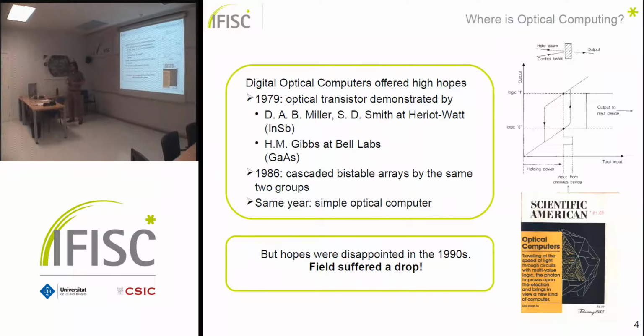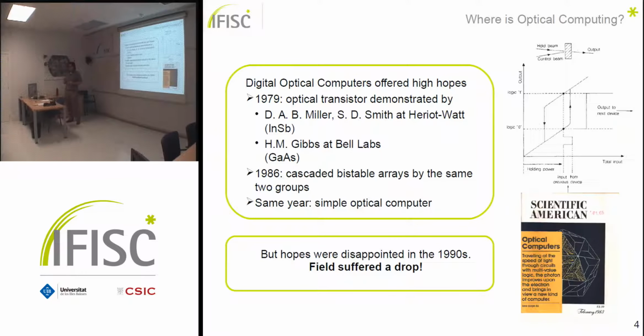I mean, in the 50s, there was the development of semiconductor transistors in electrical component that made the field explode and provide high computational power in the way of nowadays computers. So people tried to develop an optical transistor. And they achieved the optical transistor around the 70s. And with them, in the following years, they built simple optical computers. But in the decade of the 90s, the field halted, and at the end, it stopped.